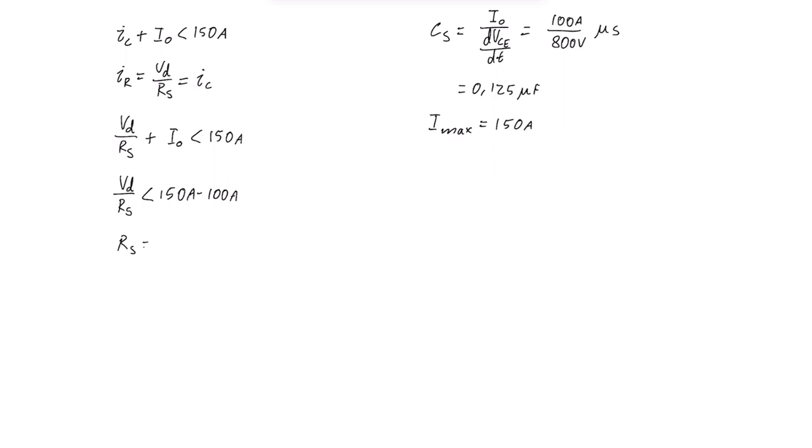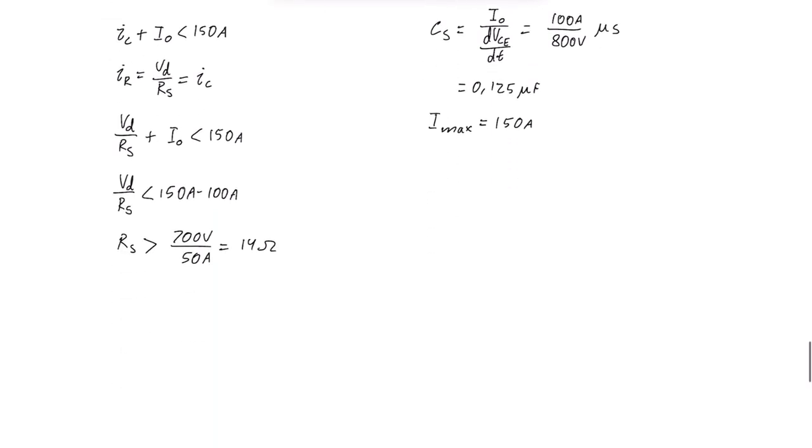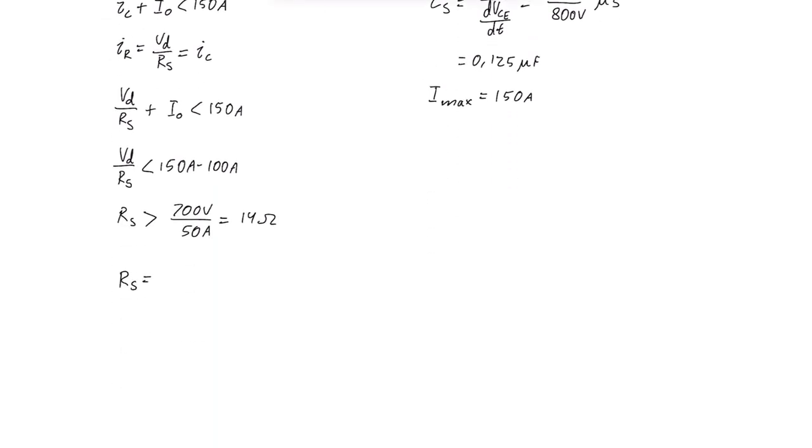So RS equals VD, 700 volts, over 50 amps. Oh, this should not be equal, it should be larger than. And this is equal to 14 ohm. So that means RS should be, oh, I forgot, it's this way. So RS should be higher than 14 ohm. So we could say RS is equal to 20, just to be on the safe side, right?